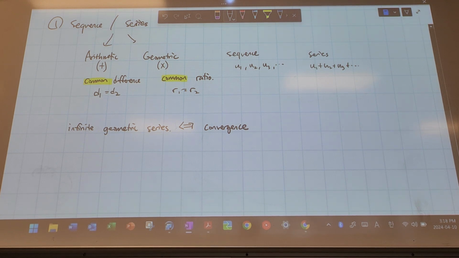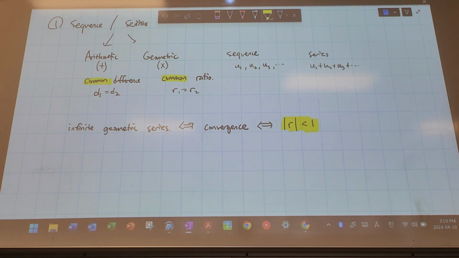We say that the series converges is equivalent to saying that the infinite geometric series exists. And the third and most important definition, which is written in the formula booklet but people forget, is that the absolute value of the common ratio is less than 1.